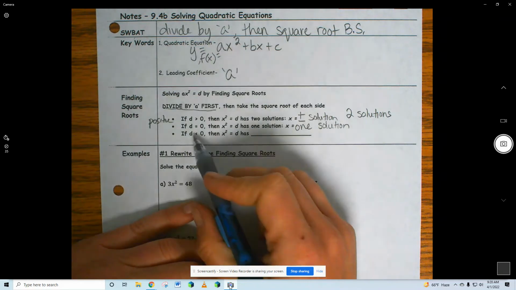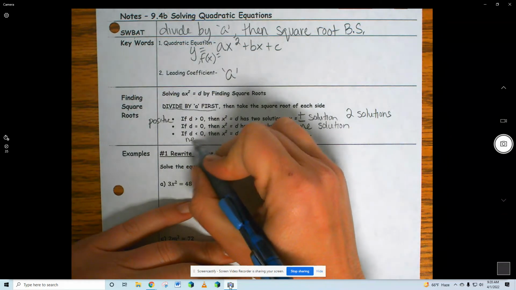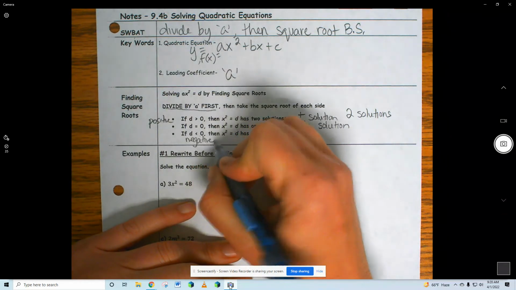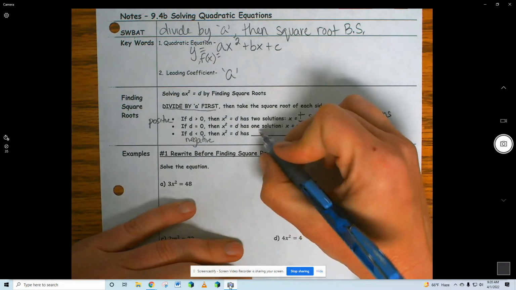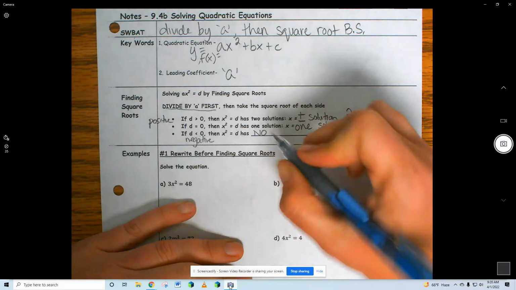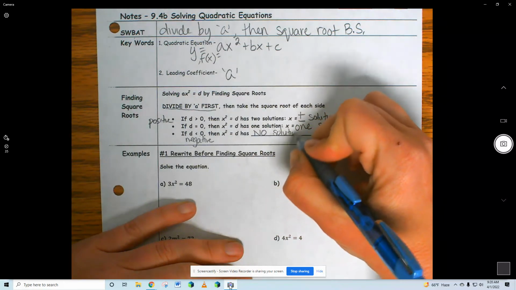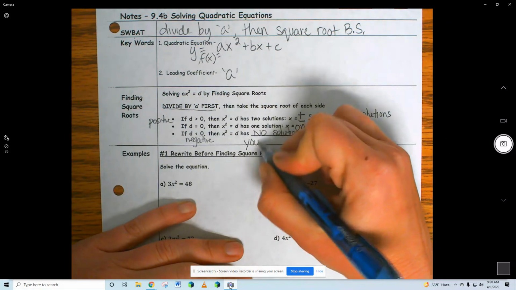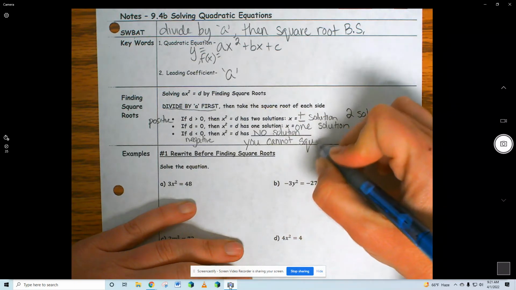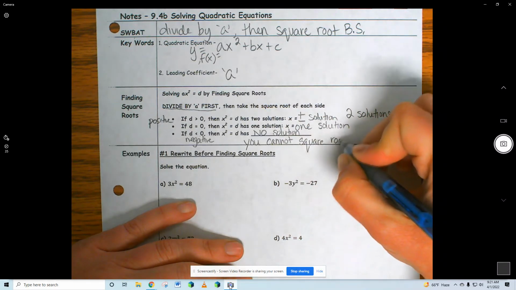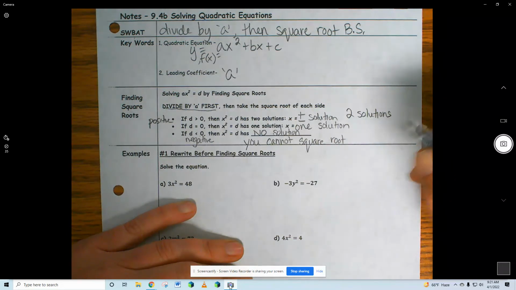If d is less than 0, negative underneath the square root? Nope. No solution. You cannot square root a negative.